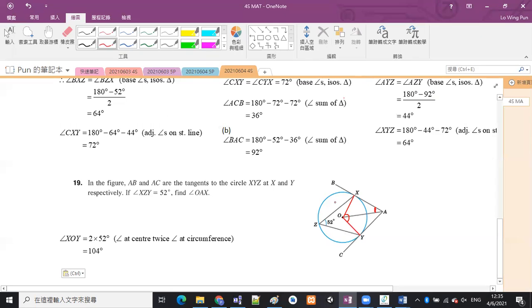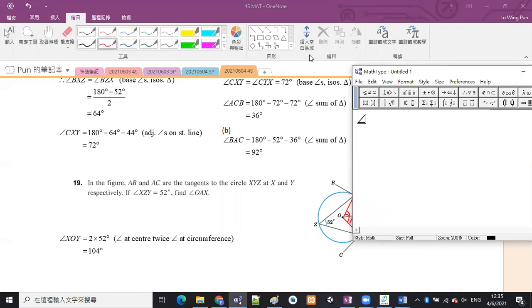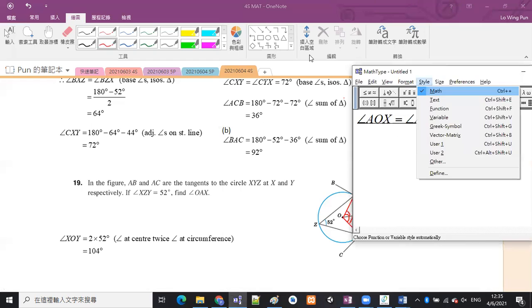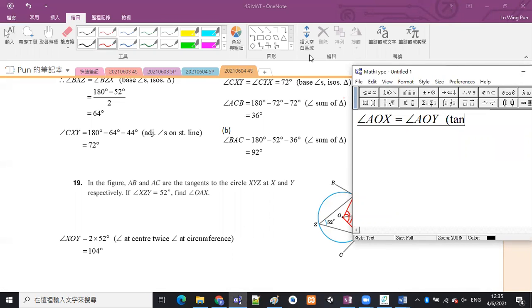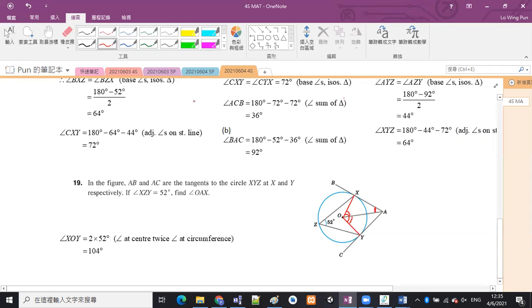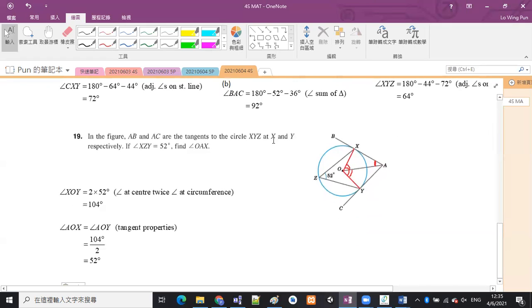So angle AOX is equal to angle AOY. Tangent properties. And they are both equal to 104 degrees divided by 2. That is 52 degrees. Okay, so these two angles are 52 degrees.